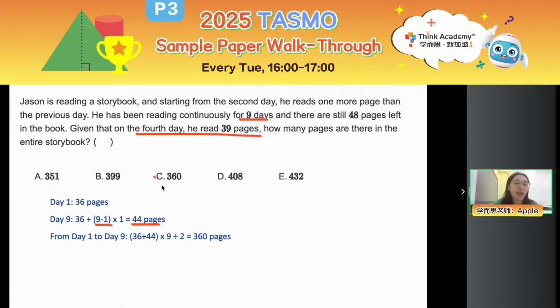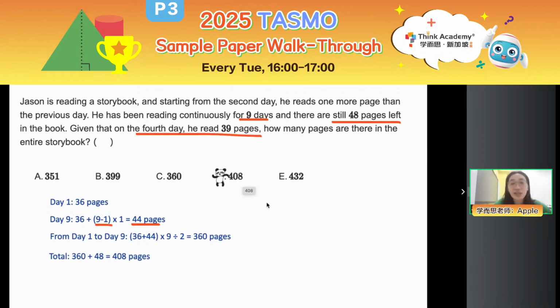Then can you just be happy, choose C? Cannot, why? Because you will see that there are still 48 pages left in the book, which means based on 360, you still need to plus 48. Okay, so here, look at my panda. Okay, so here the final answer should be 408. Yes.